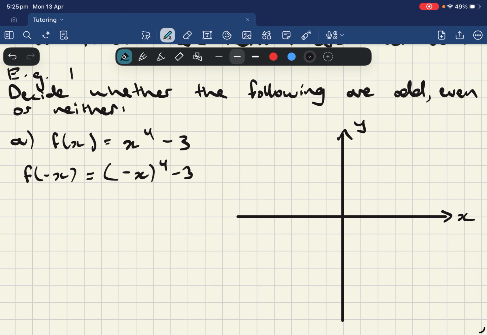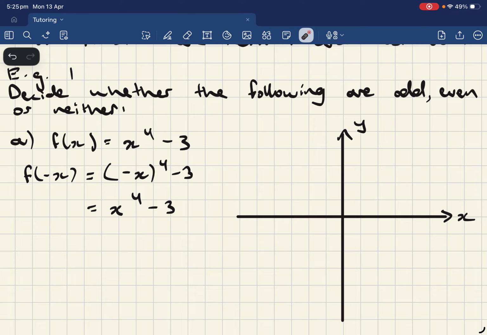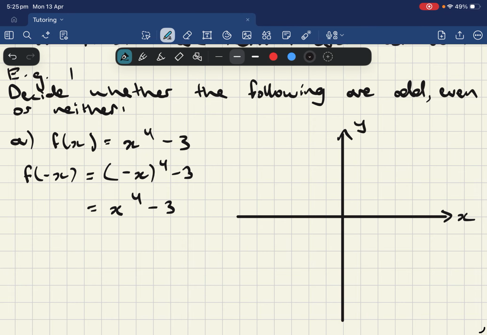You're going to get two sets of double negatives, so you will get a positive out. And we notice this is exactly the same as the one up here. So we can say f of negative x equals f of x. Therefore, the function is even.